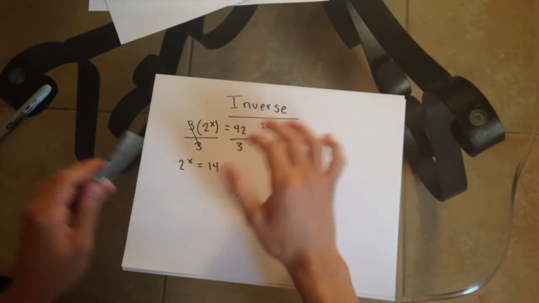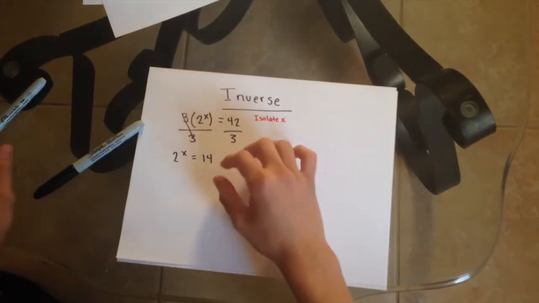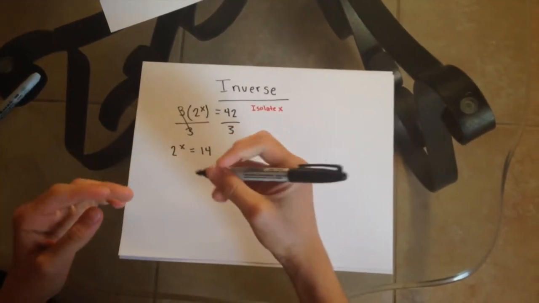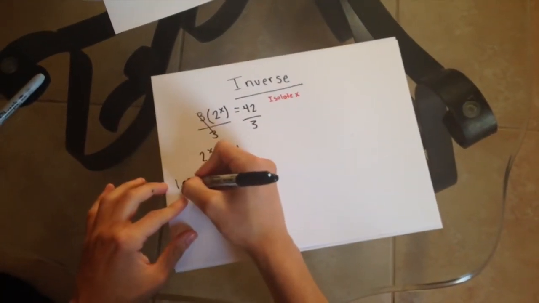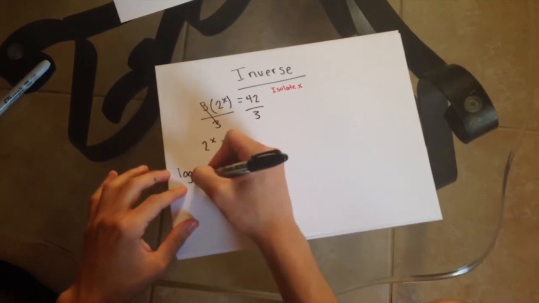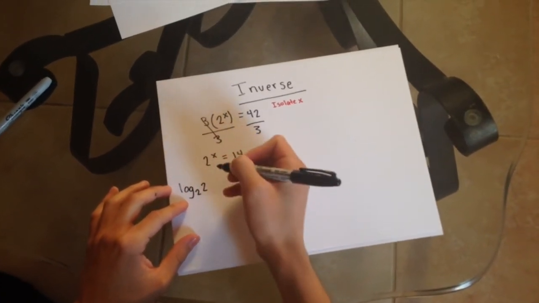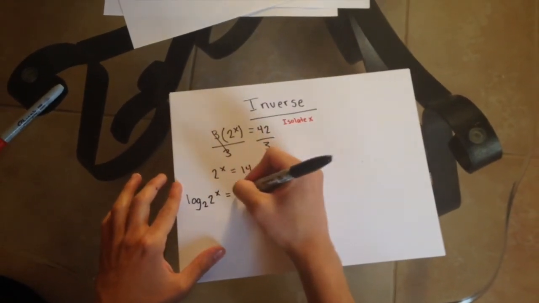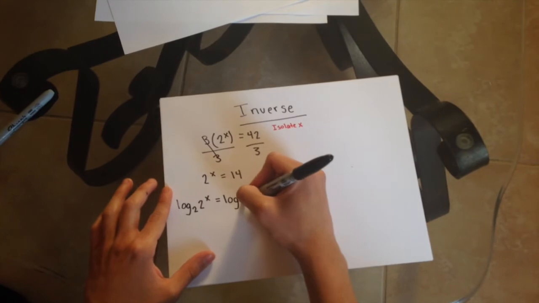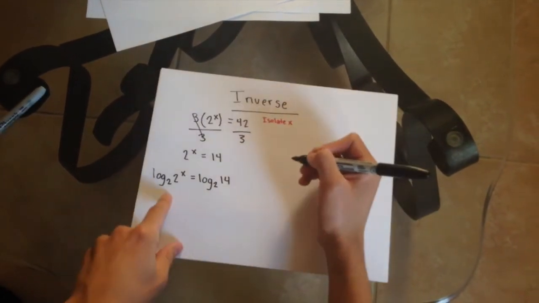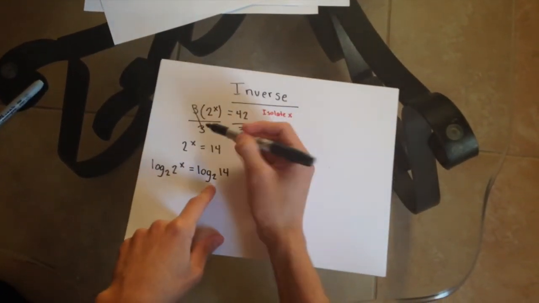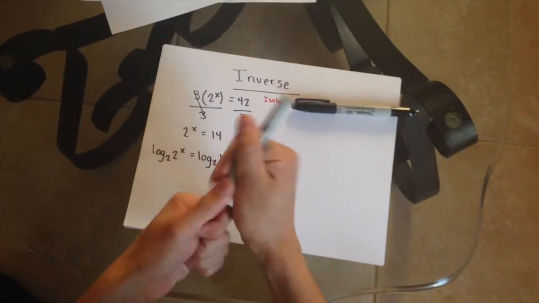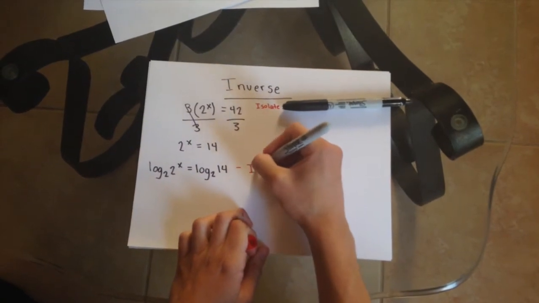Now this is where we have to apply the inverse property. Remember the inverse property, we have to apply the same log base. So let's use log base 2, because log base 2 will match the exponential base of 2. So log base 2 of 2 to the x is equal to log base 2 of 14. What you do on one side, you have to do to the other, exactly like we did here when we divided by 3. So this is where we're applying our inverse function.